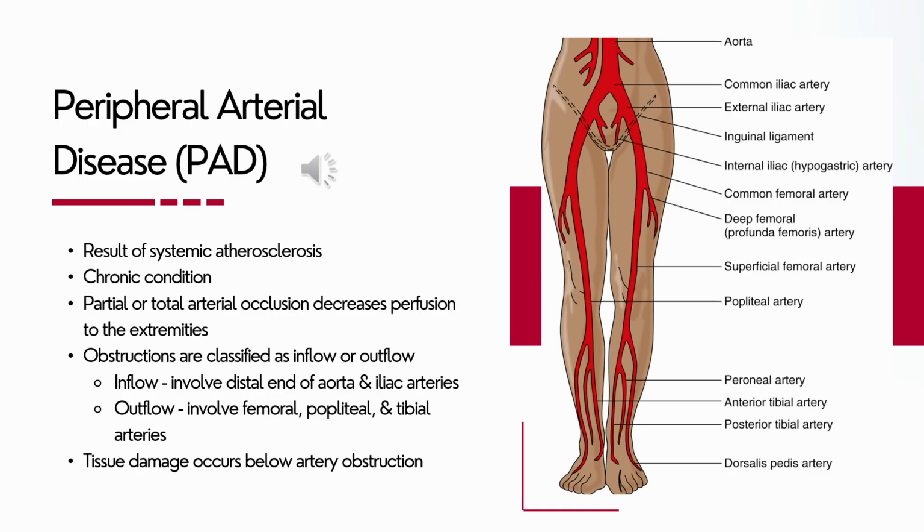This condition affects approximately 8.5 million Americans over the age of 40, with African Americans disproportionately being impacted due to risk factors like diabetes and high blood pressure. Understanding peripheral arterial disease and its implications can help us recognize the importance of early detection and intervention.